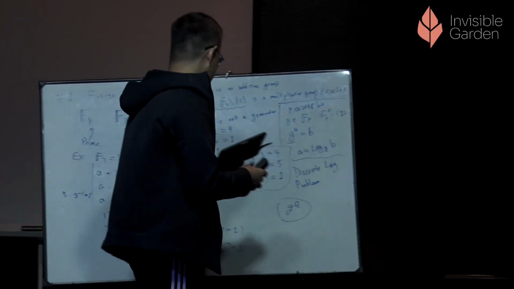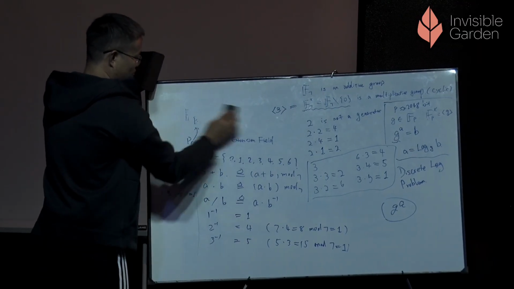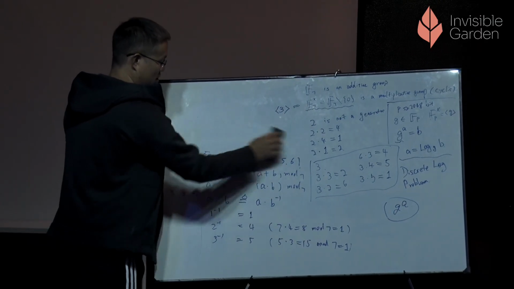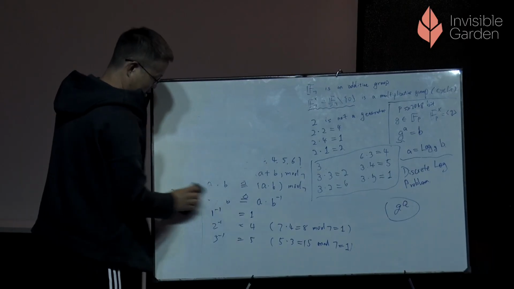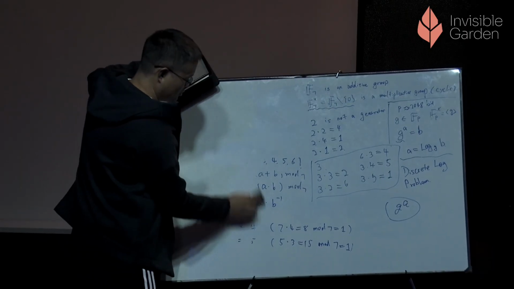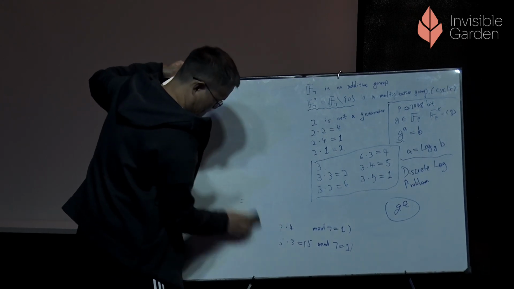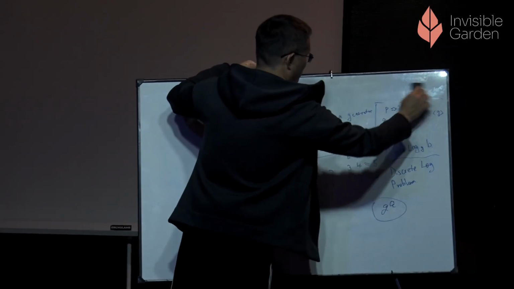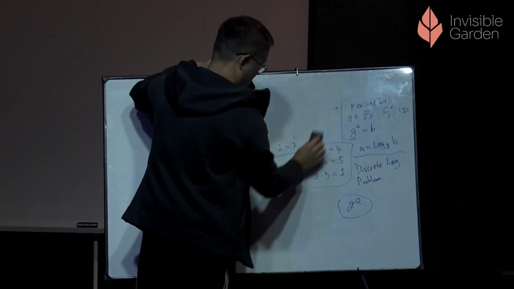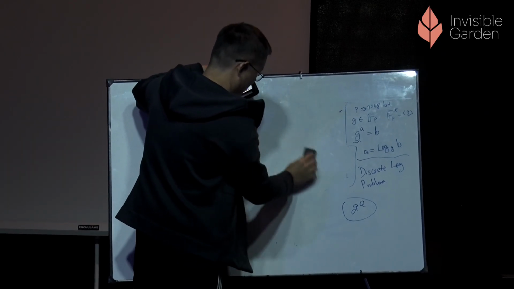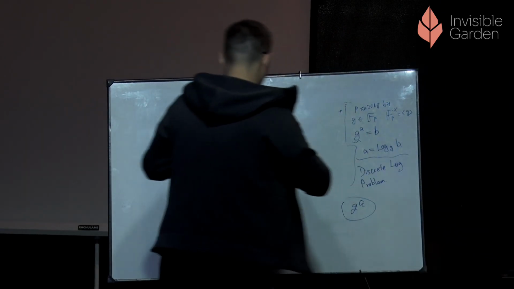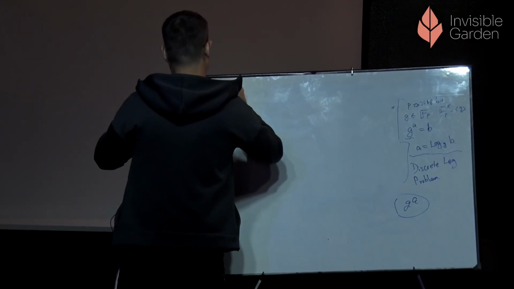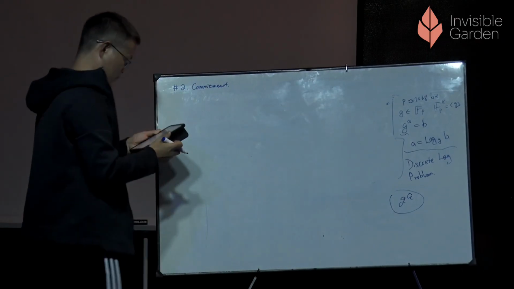Let's move on to this. Then we can use the G to A form to construct a very useful cryptographic tool called commitment.